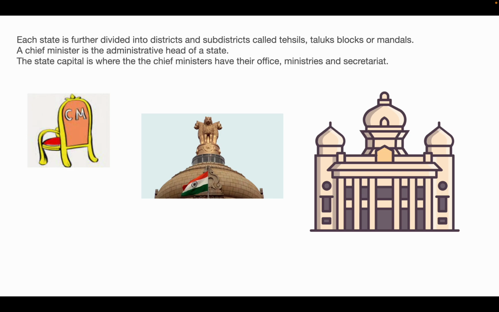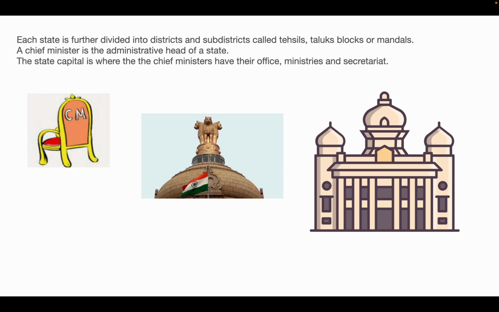Again, each state we need to divide into smaller divisions so that it would be easy for us to administer the whole state. So what we have done is we have divided the state into districts, taluks and mandals.